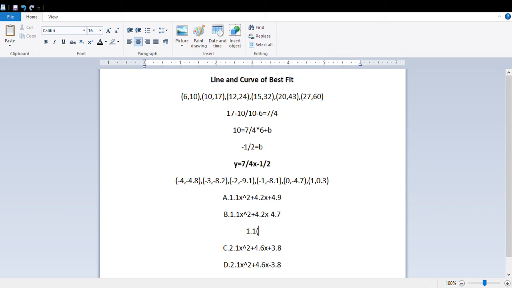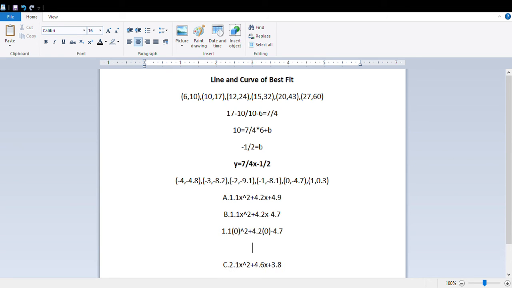So we have 1.1 times 0 squared. And if you guys want, I know this is kind of late, but before I completely finish solving it, you guys can go back and try to do it on your own to see what it is. Plus 4.2 times 0 minus 4.7.